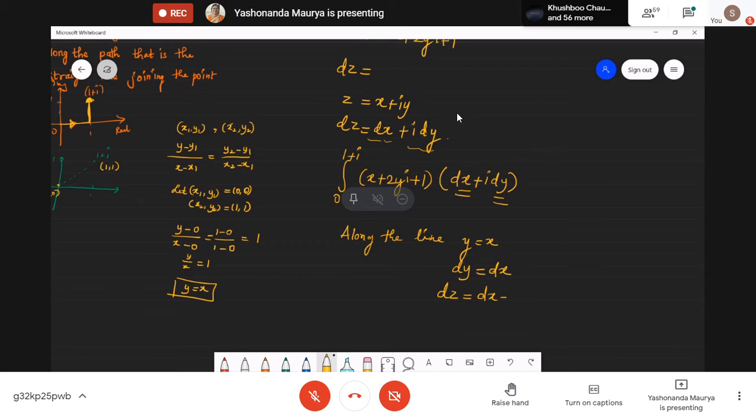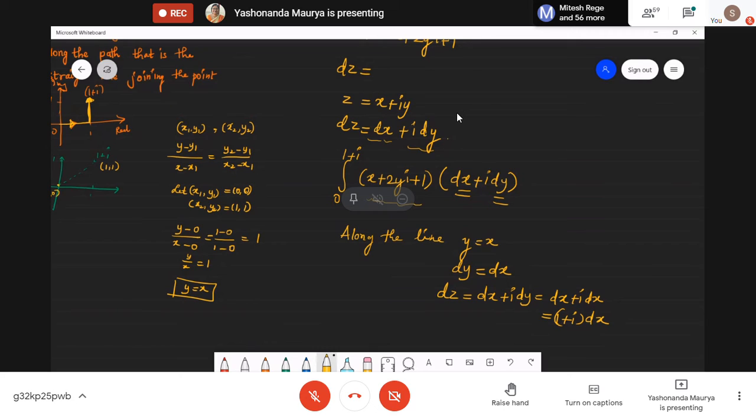It will be dx plus i times dy, which will be dx plus i times dx. So finally, we have got everything in terms of one variable. Then only we will be able to evaluate this integral. Similarly, this y is equal to x will be substituted in this function also, so that one of the variables will go off.